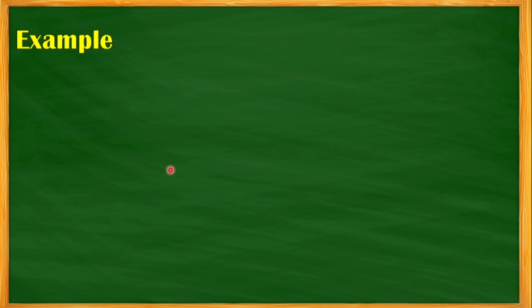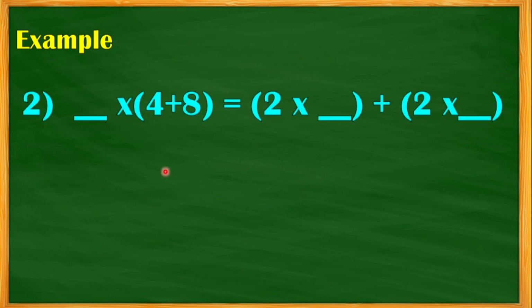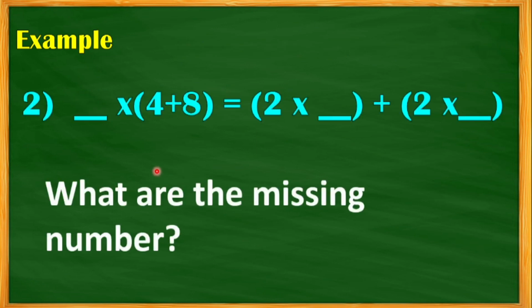Okay, next, for number 2, we have this one. What are the missing numbers? Blank multiplied by the quantity of 4 plus 8 is equal to the quantity of 2 multiplied by blank plus the quantity of 2 multiplied by blank. As you can see, this is the distributive property because the value is being distributed.